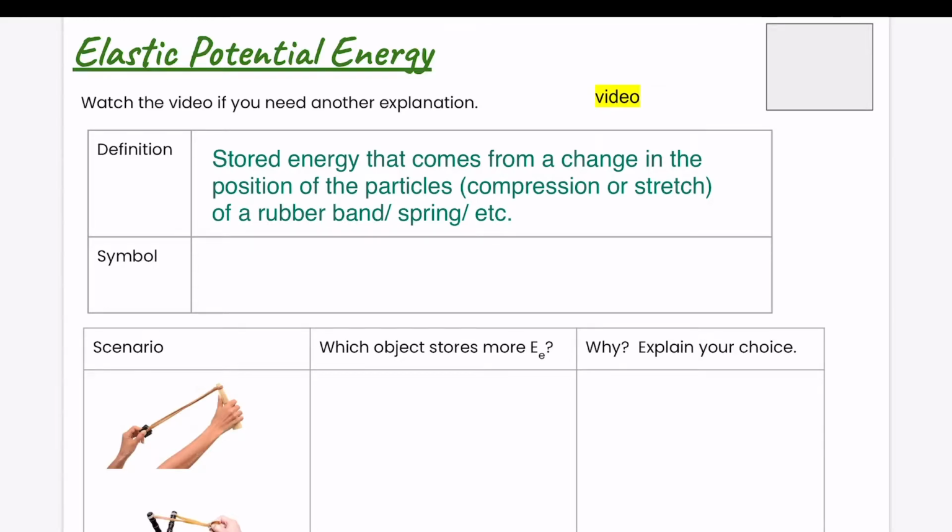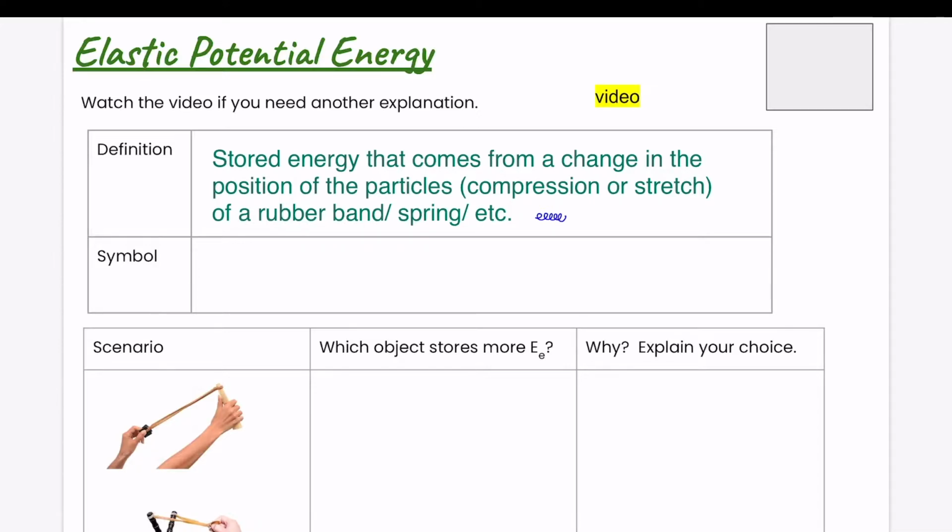So elastic potential energy is going to be the stored energy that comes from a change in the position of the particles, or the compression or stretch of a rubber band or a spring. And so what that means is, if this was my spring, that's normal, right?